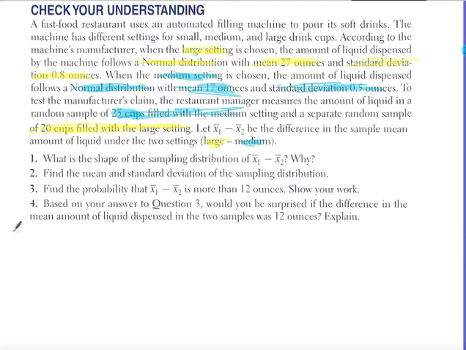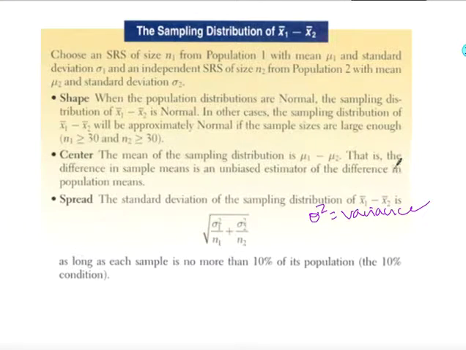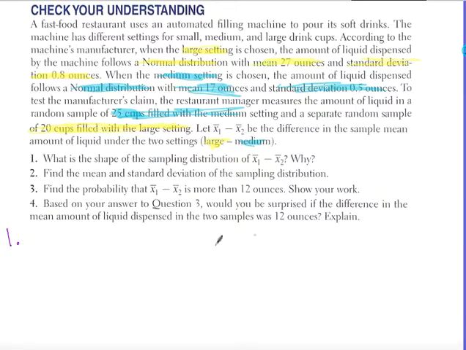So for number 1, it says what is the shape of the sampling distribution of x bar 1 minus x bar 2 and why? I'm going to refer back to the information that we covered on the last page, and it says that when the population distributions are normal, the sampling distribution is normal. Both of these told me that they were normal. So x bar 1 minus x bar 2 is normal.